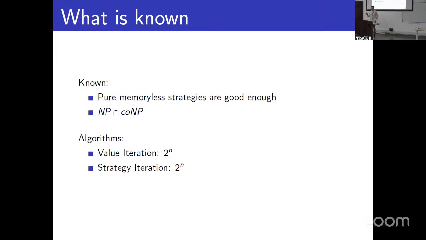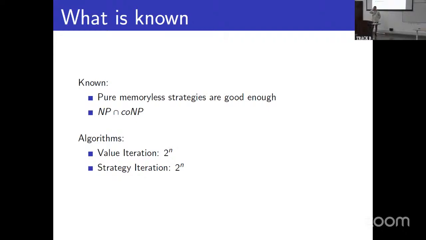We also don't need to randomize, meaning there can always be just one choice, not like a 50-50 going left or right. This actually means that the problem is in NP intersect coNP, which means that there can be some nice and efficient algorithm.